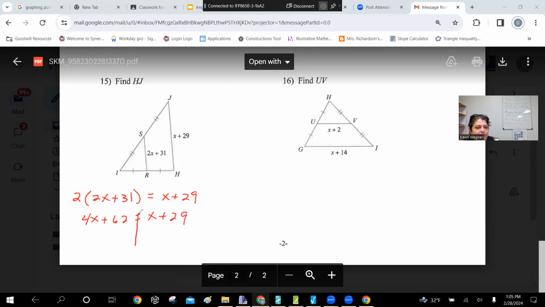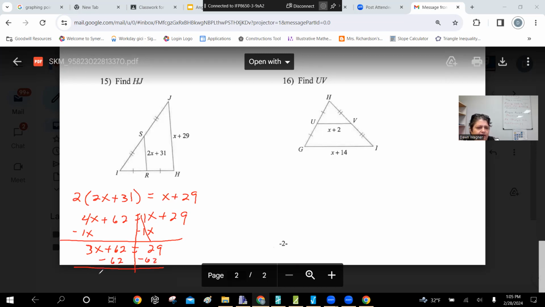I'm going to draw a big long line here. I'm going to bring my variable over to this side. I could put a 1 if I want, subtract 1x, 3x plus 62 equals 29. I'm going to subtract 62 on both sides.